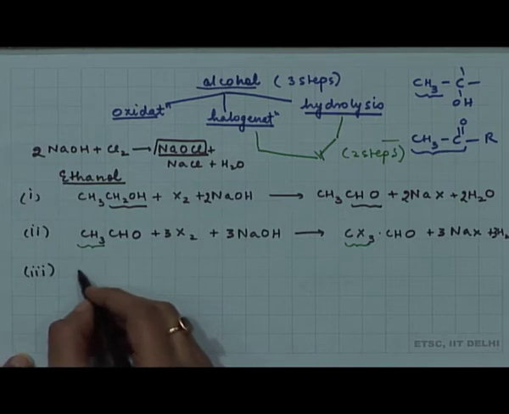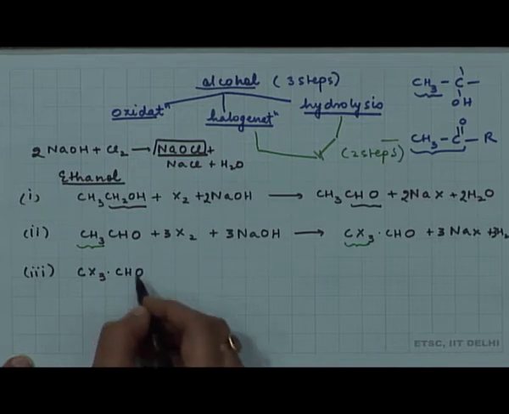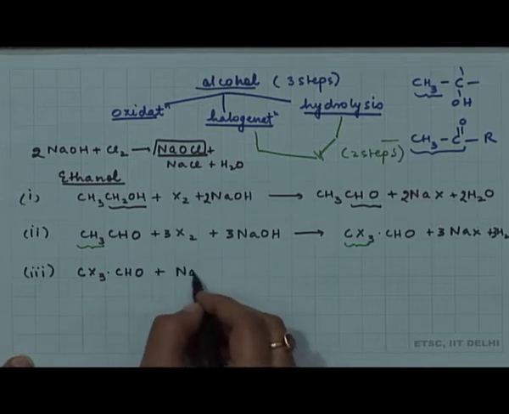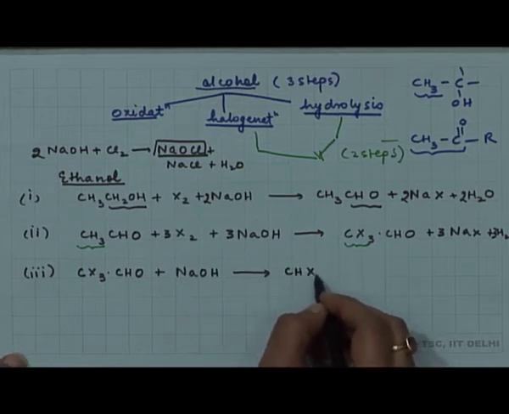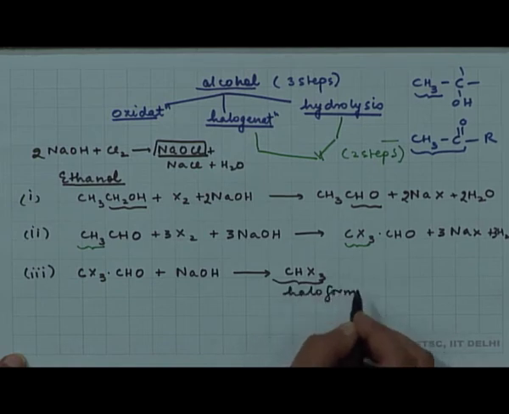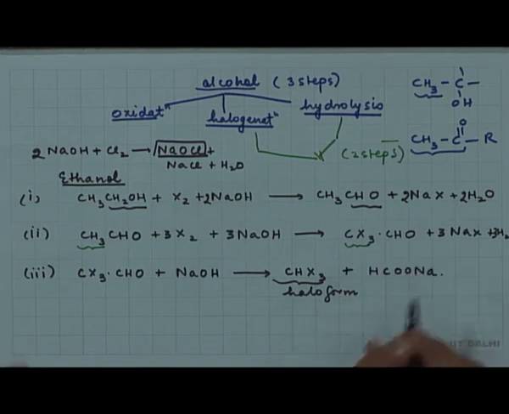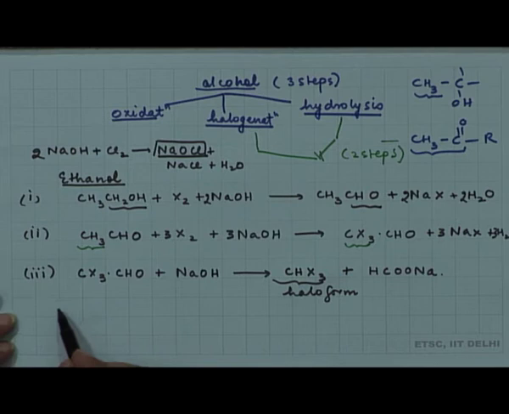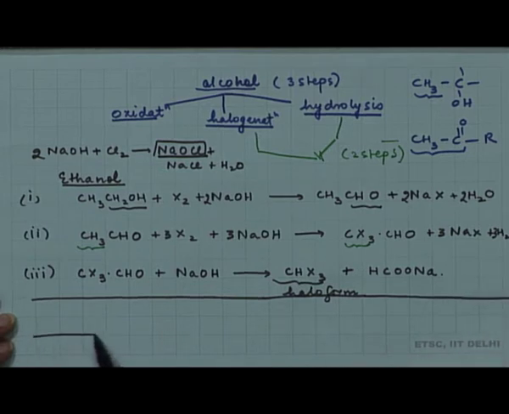The third step is the hydrolysis of this trihalogenated compound under alkaline conditions, and this yields the corresponding haloform, along with formation of HCOONa. If I write the overall equation for all the 3 steps, the oxidation, halogenation and hydrolysis, I combine all the 3 steps.